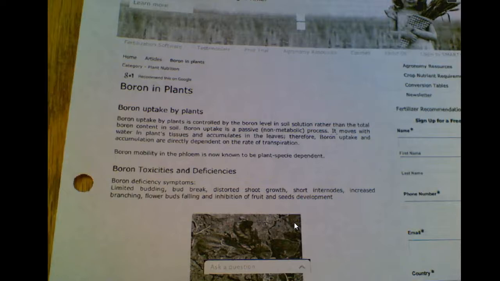So boron uptake and accumulation are directly dependent on the rate of transpiration. Okay. As far as boron mobility in the phloem, it's now known to be plant species dependent. So you'd have to look up each individual plant to see how it might move in the phloem. Because basically with transpiration, that would be in our xylem.